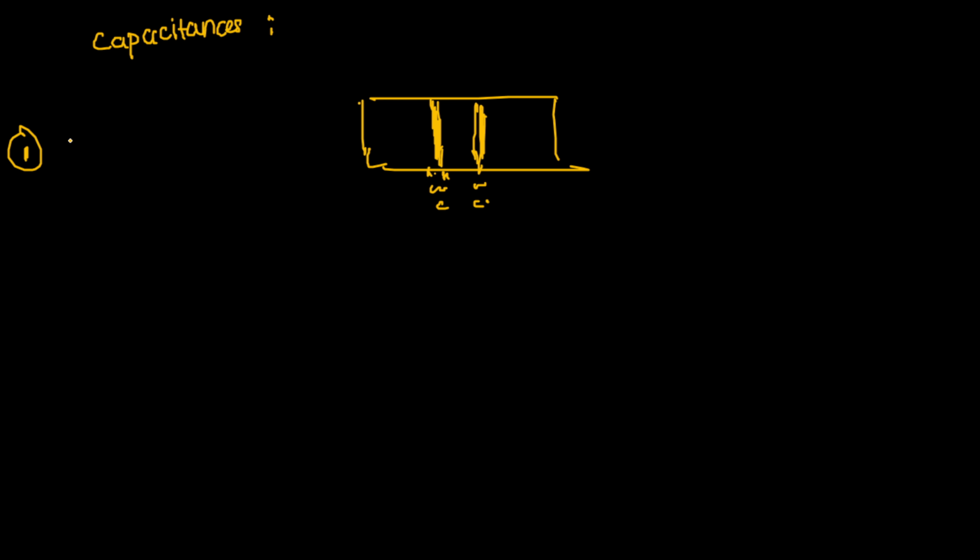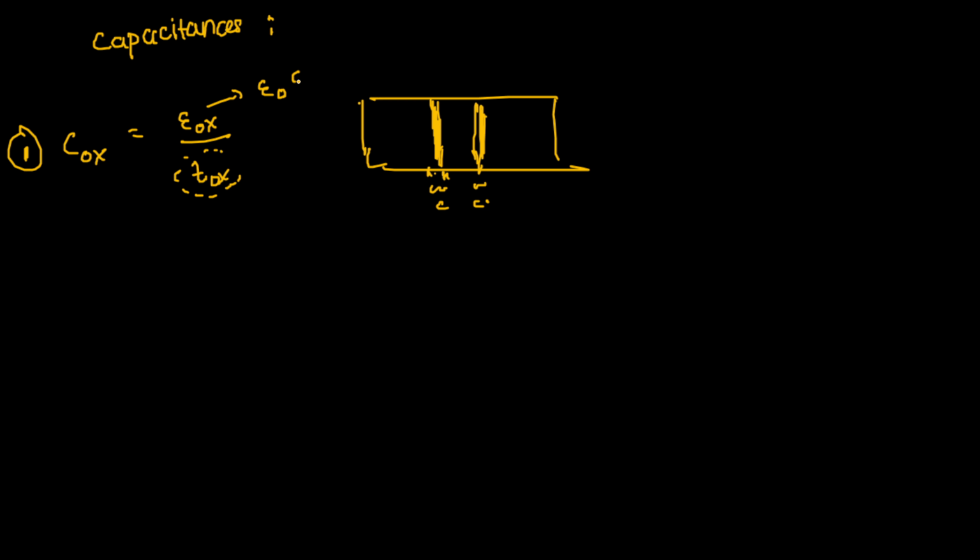So let's see what all capacitances we have. The first one, like I mentioned, is the oxide capacitance, and this is given by epsilon ox divided by T ox. So T ox is the thickness of the oxide, which will be given to us in the question, and epsilon ox is the permittivity of the given medium.